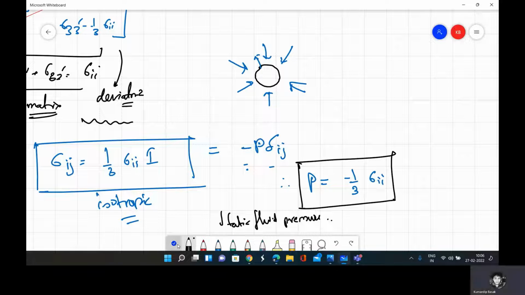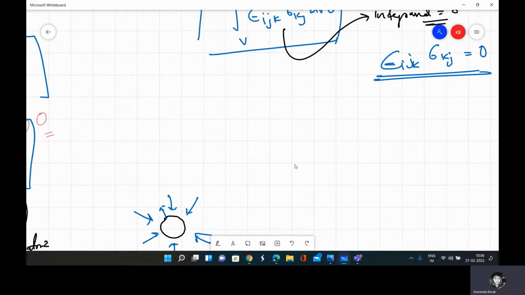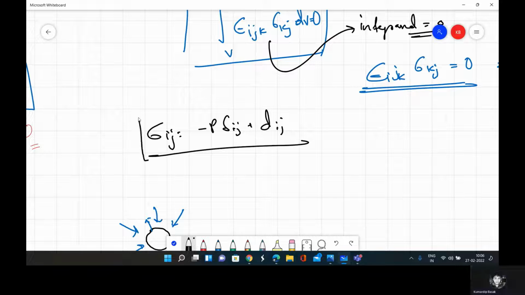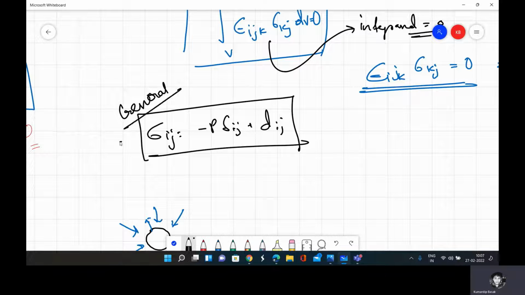Clear that part? Now, as a final conclusion, what can I tell about the stress tensor? That stress tensor sigma ij equals minus p delta ij plus dij. This is in general, not only for fluid at rest.